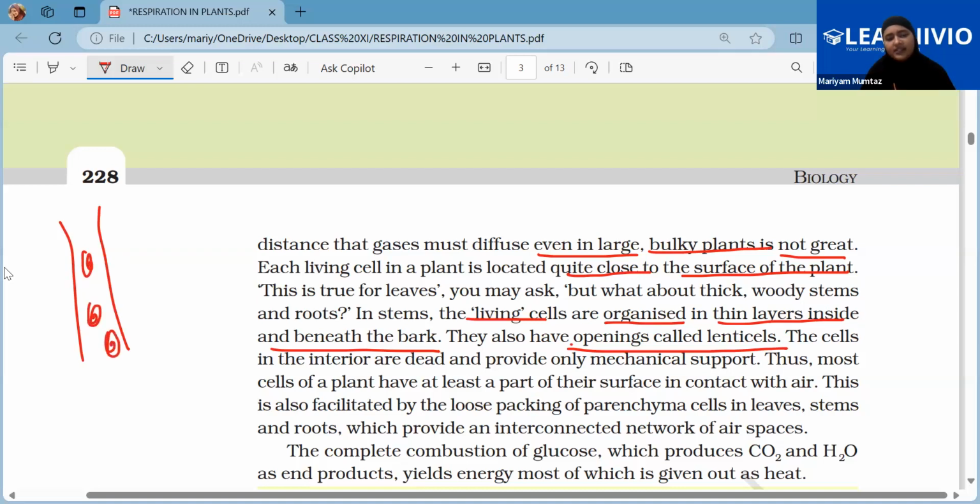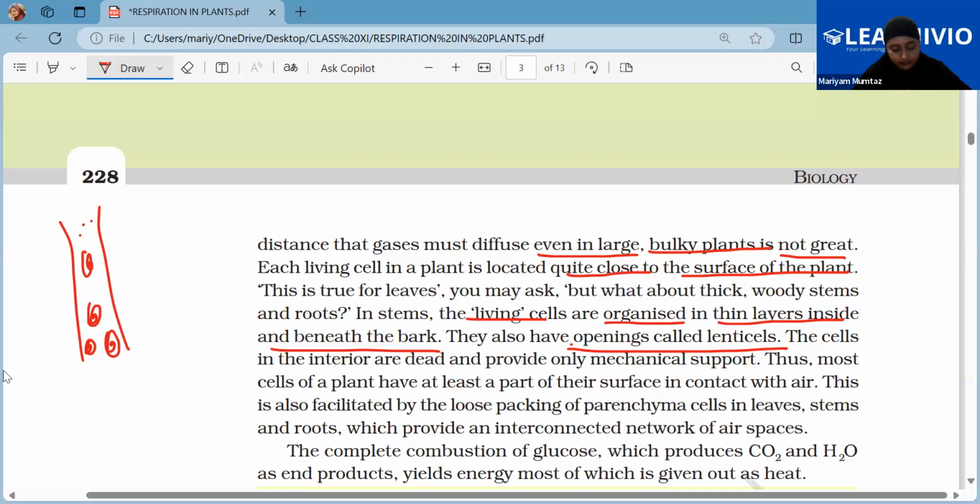Now, if you look very closely, you'll find tiny holes present on the bark. Those are lenticels. Lenticels are the special openings that are there for gaseous exchange. They're very important and they help the bark of the stem to actually exchange gases. Clear?